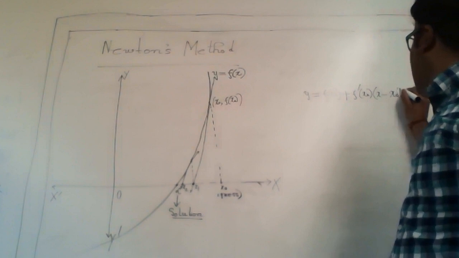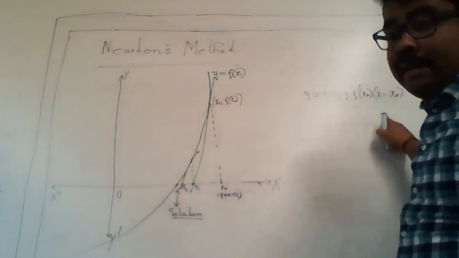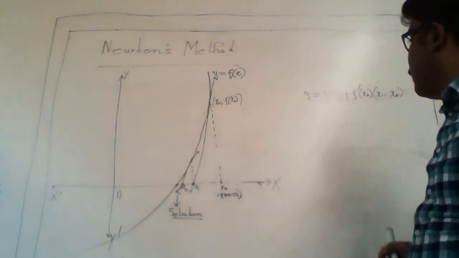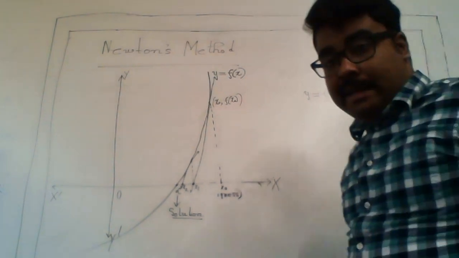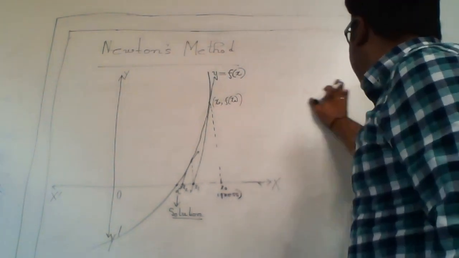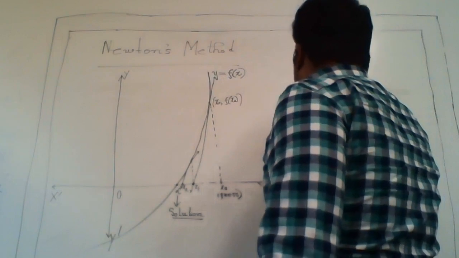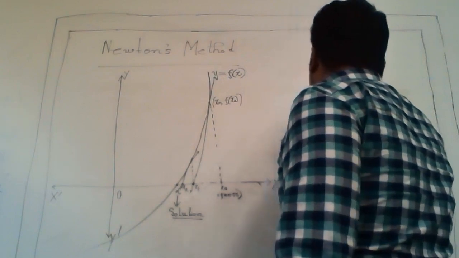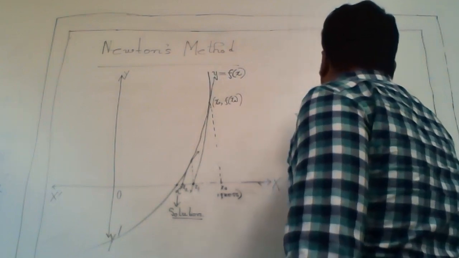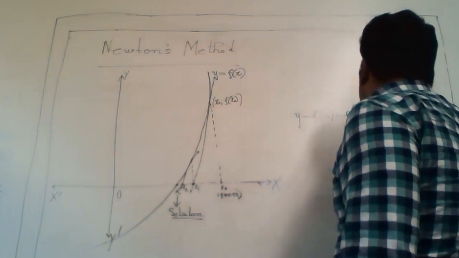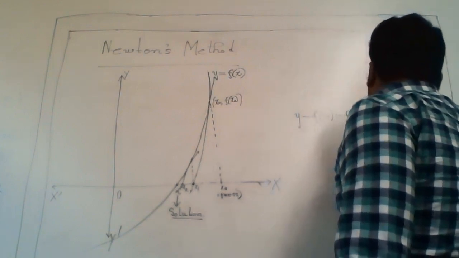This is the equation of tangent at the point x0, f of x0. Okay, so maybe I should write it below so that it becomes more clear to you. So the formula of tangent is y minus f of x0 equal to f prime x0 times x minus x0.